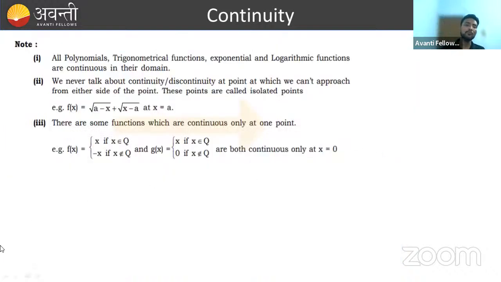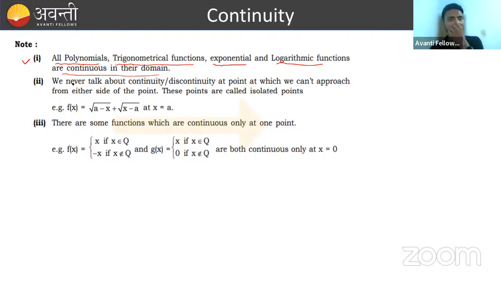Okay, there are a few notes that you have to remember, guys. First of all, polynomial functions, all trigonometric functions, all exponential and logarithmic functions are continuous in their domain. You already know the domain of polynomial, trigonometric, exponential, right?